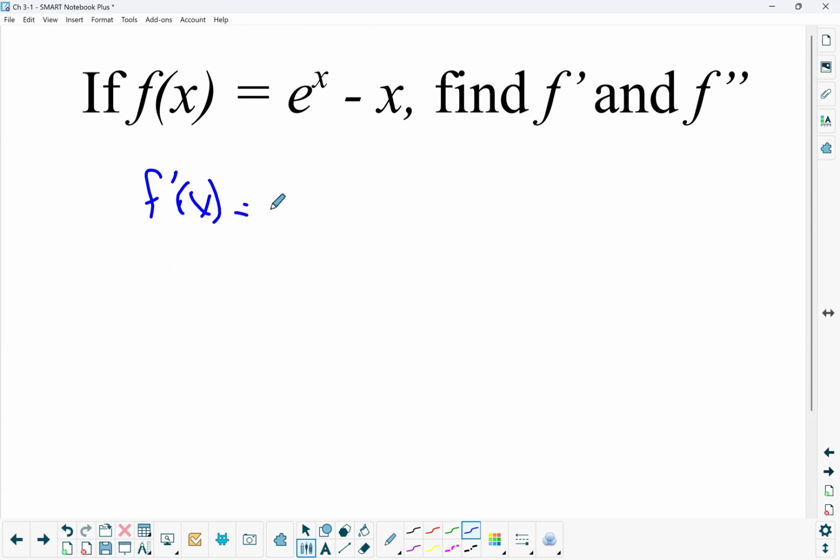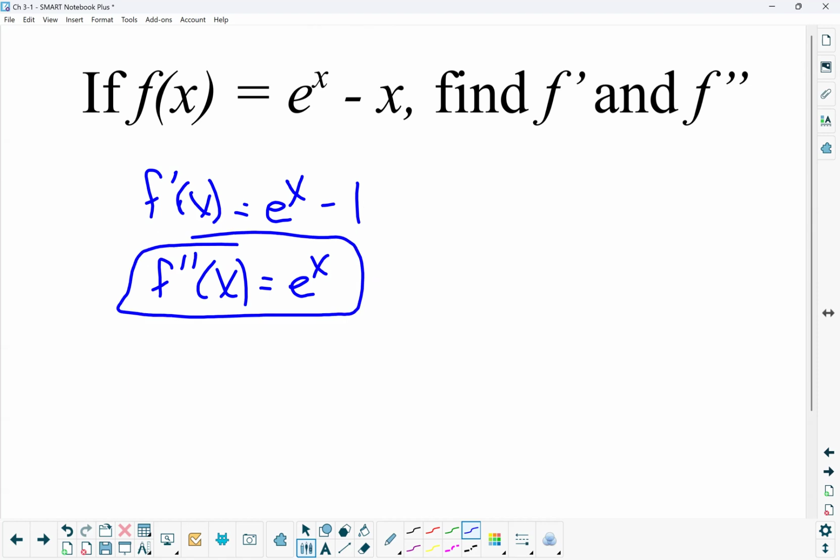The derivative of e to the x is e to the x. The derivative of x is 1. Then for the second derivative, we take the derivative of our result here. Derivative of e to the x is e to the x. Derivative of 1 is 0. So there is the second derivative and the first derivative.